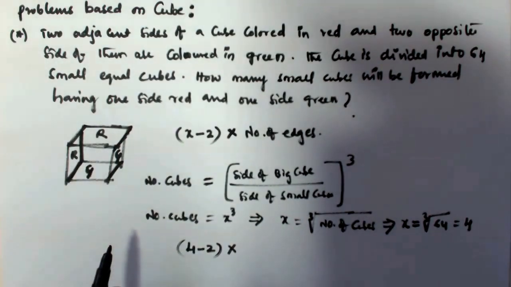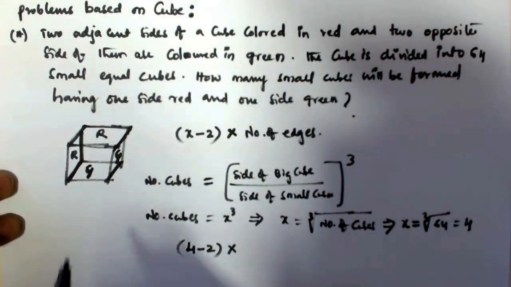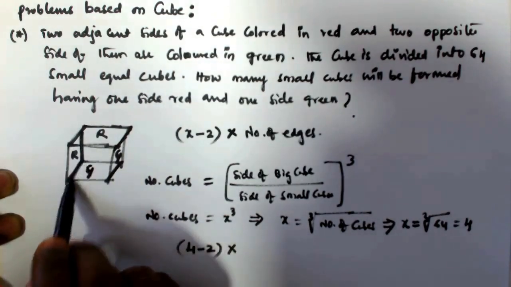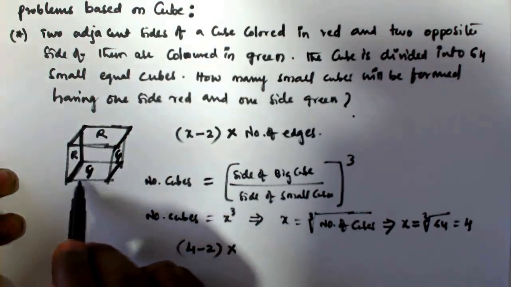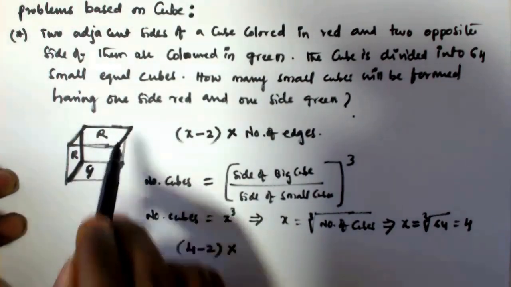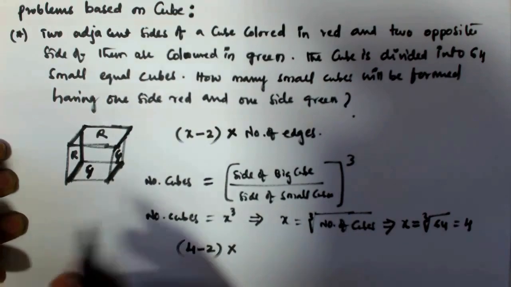The number of edges combining this red and green color is only 4, because only these 4 combine the red color. Here red and green are combining, here red and green are combining, and here red and green are combining. The remaining colors are plain.